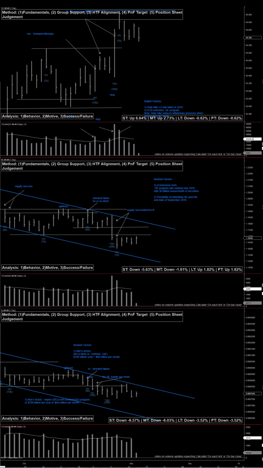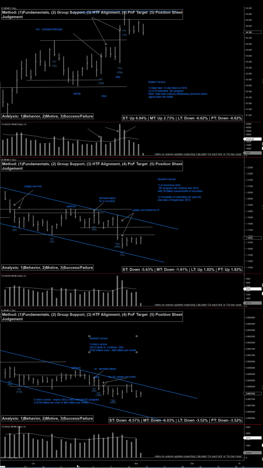Second, let's take a look at the yen. Yen is screwed. I think it was last Sunday they had Abe's party victory, and the Bank of Japan is likely to continue quantitative easing at $700 billion.